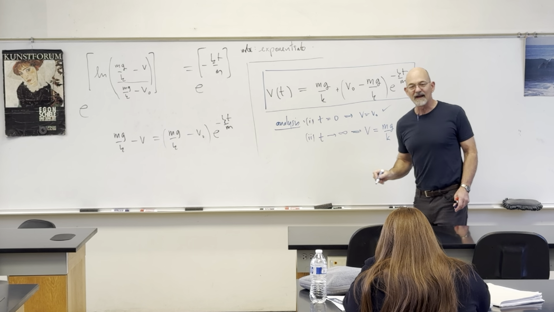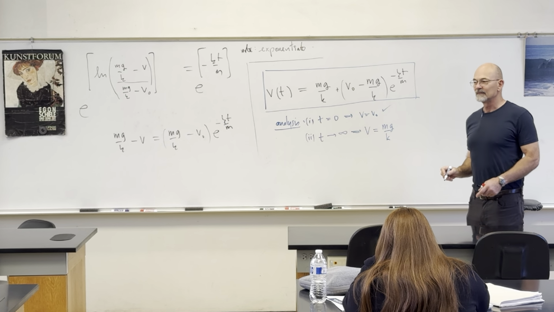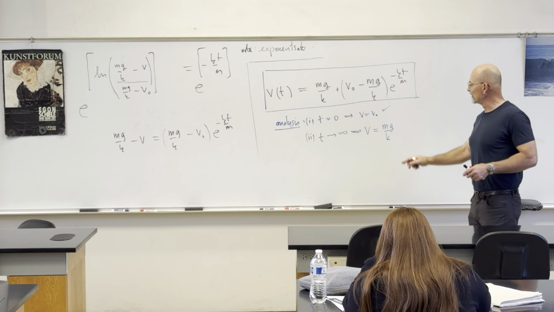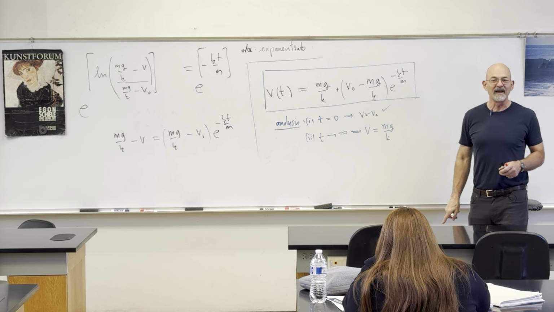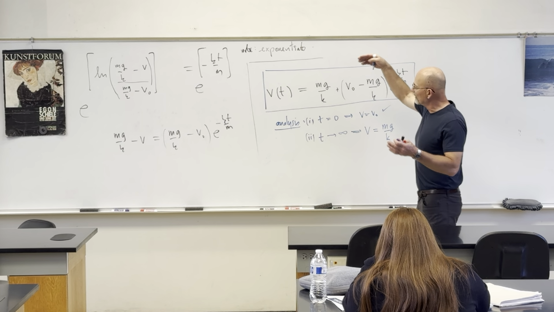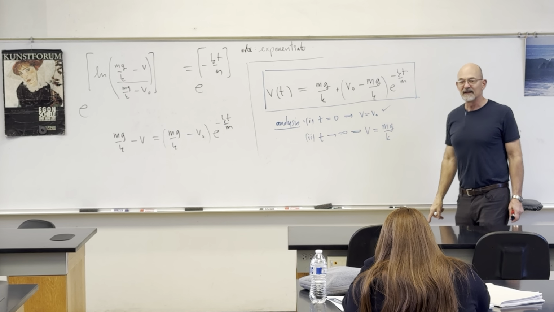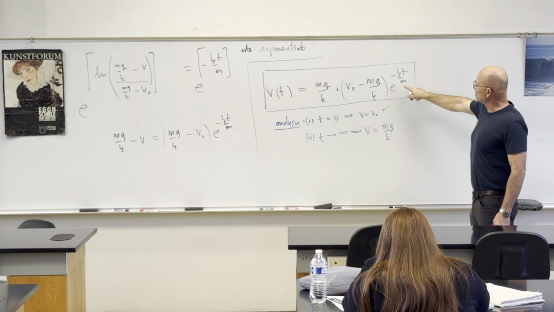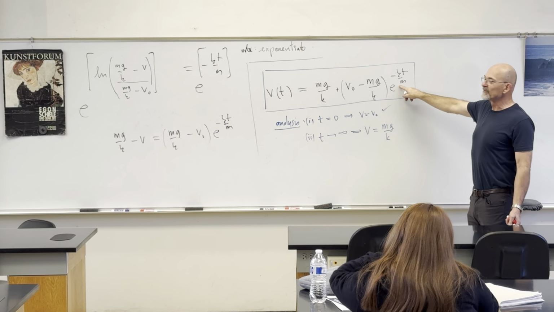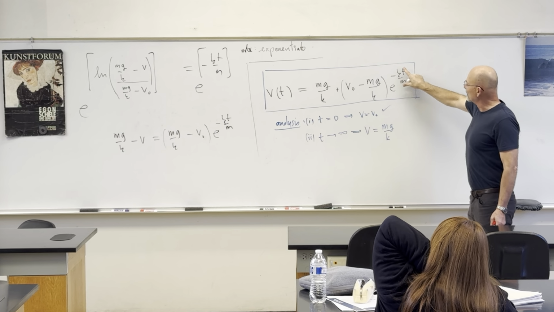So where have we seen that before? Right, 10 minutes ago. We saw that was the terminal speed. So as this thing is falling in the medium with friction, it reaches a terminal speed as t goes to infinity. And because of the nature of the exponential, that could be shorter or longer.